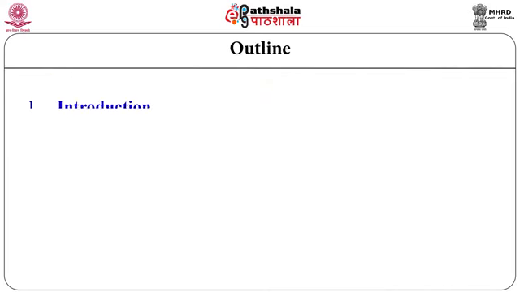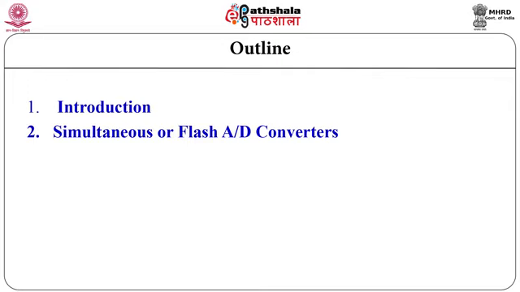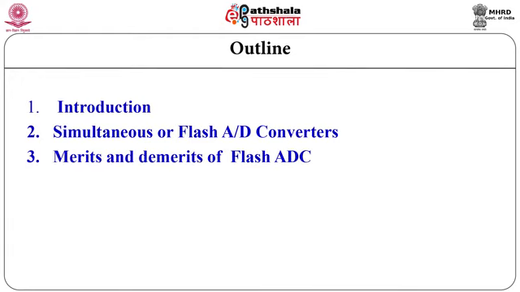The outline of this module is, after the introduction, we are going to study the circuit diagram of simultaneous or flash AD converters. After that, we are going to study the merits and demerits of flash ADC. There are certain drawbacks of flash ADC and hence other methods are developed.